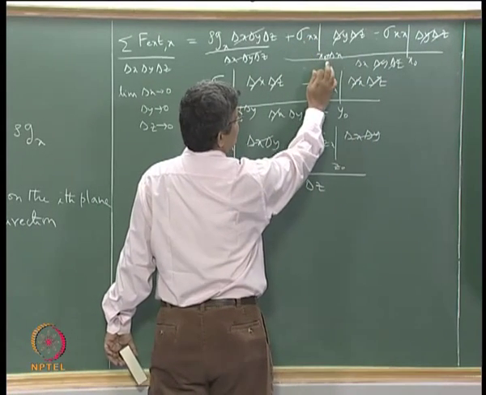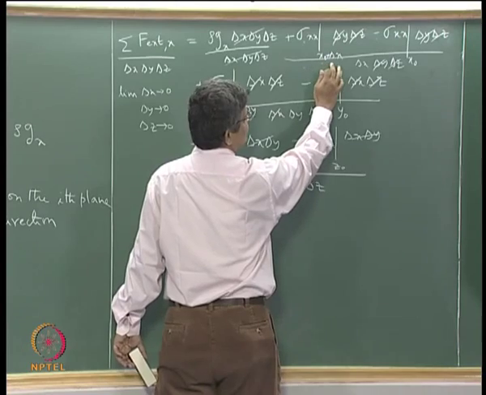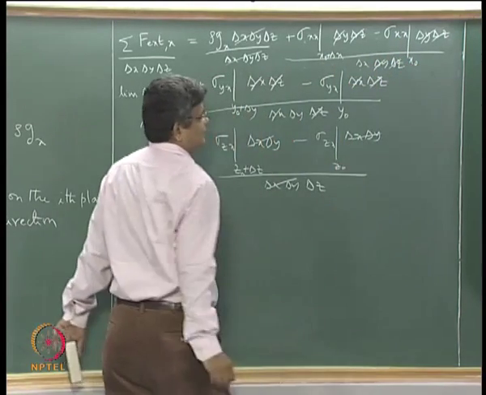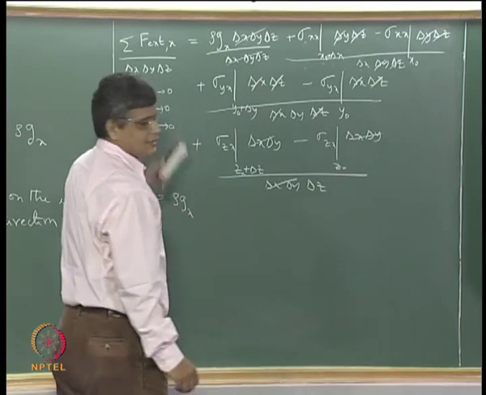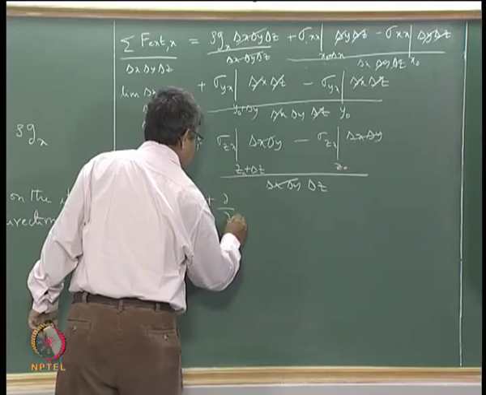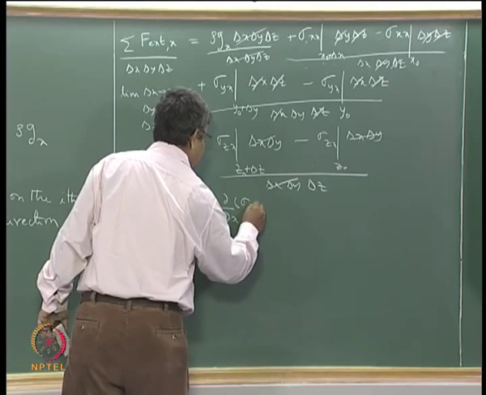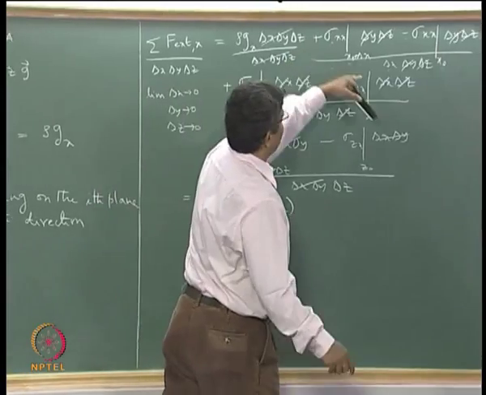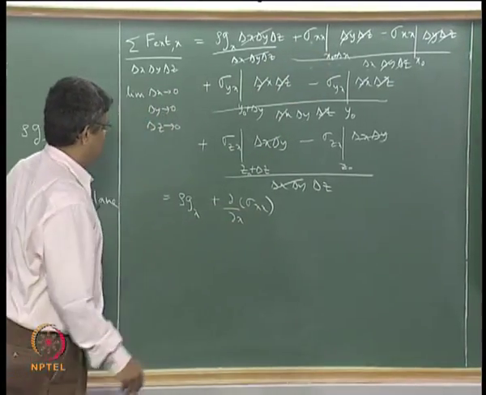Let us say it is a variable at x naught plus delta x minus the same variable at x naught divided by delta x, as delta x tends to 0, is nothing but the derivative of that particular quantity in the x direction. So this is dou by dou x of sigma xx.